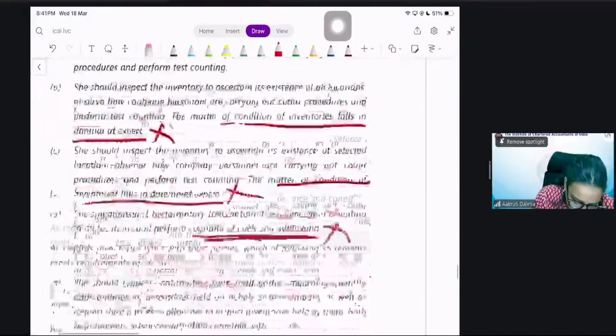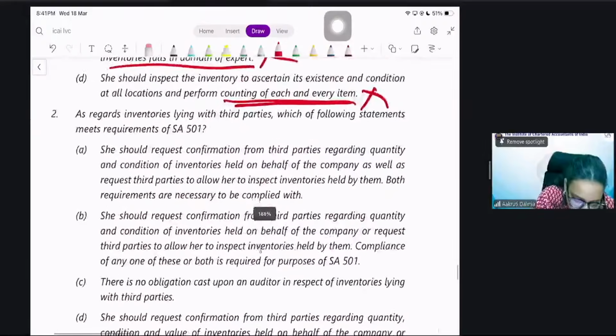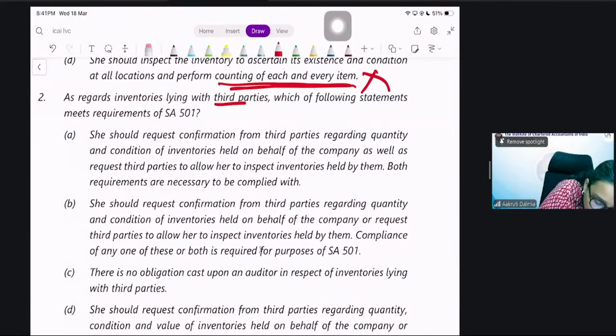Okay. Next question. As regards inventory lying with third parties, which of the following statements meets the requirement of SA 501? Please pay attention. A: She should request confirmation from third parties regarding quantity and condition of inventory held on behalf of the company, as well as request the third parties to allow her to inspect.